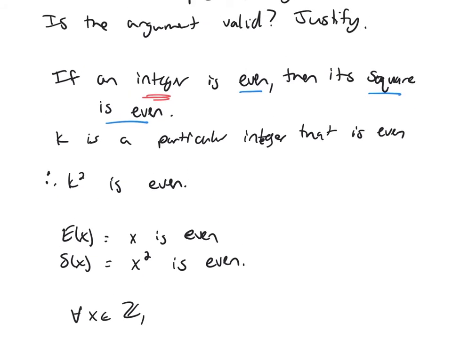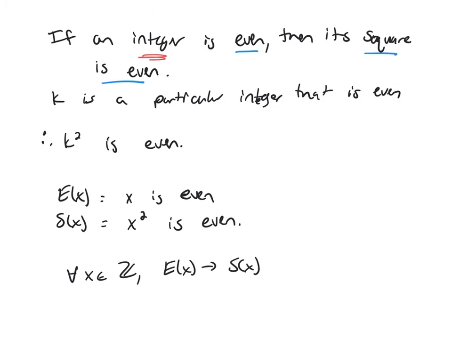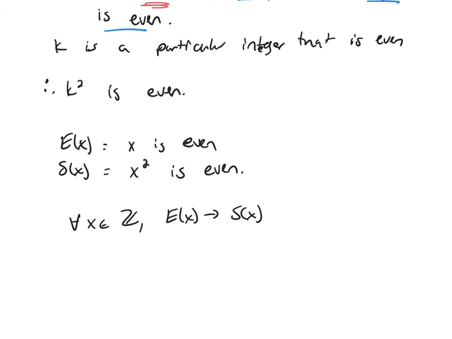It was an if-then statement. If it's even, then its square is even. So if E(x), then S(x). And then the second premise, k is a particular integer that is even, so this would be E(k). K is even. Therefore, S(k).